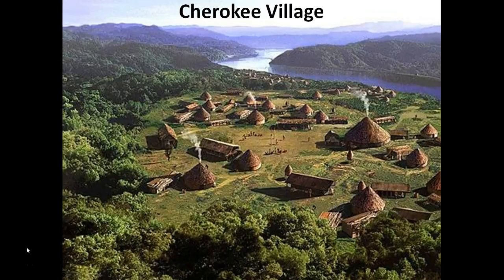This artist's reconstruction of a Cherokee village gives an overview of what a tribal community would look like. We see a variety of houses of different functions that are scattered throughout the community, each representing a different household. These households are likely related and interrelated through marriage, and they're integrated through ritual activities and political activities.